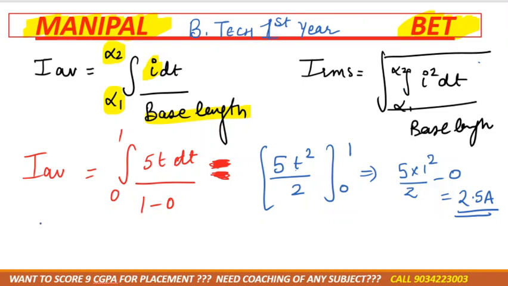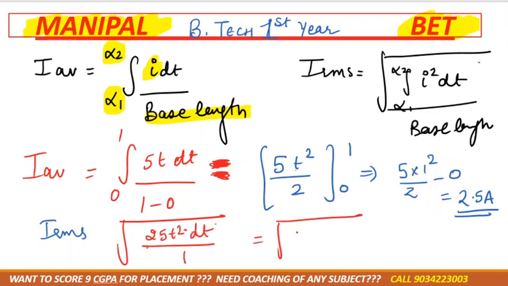See, if we want to calculate IRMS, in that case I squared means 25t squared, right? So if I do the integration of 25t squared divided by the base length, under the root, then in that case 25 by 3, right?